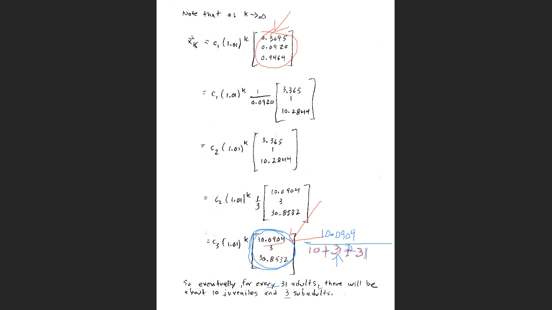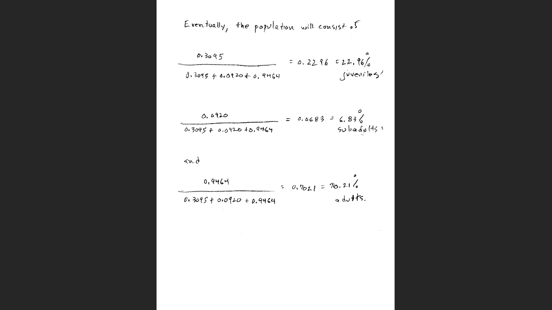And that's what I did on the next page. I'm going to divide 0.3095 by the sum of those entries. So eventually the population will consist of 0.3095 divided by the sum of the entries in the eigenvector. That'll get you 22.96% juveniles.